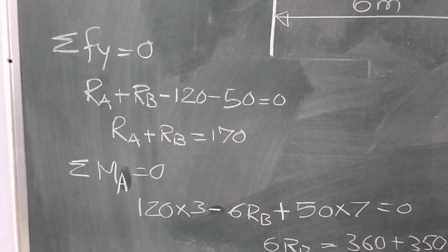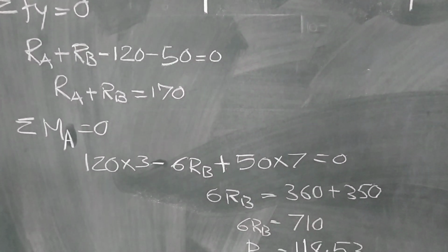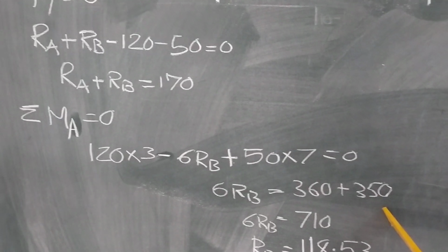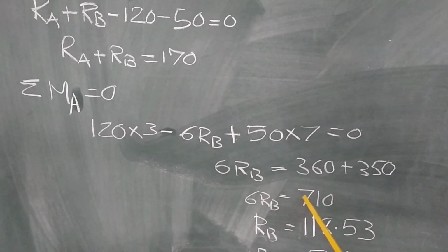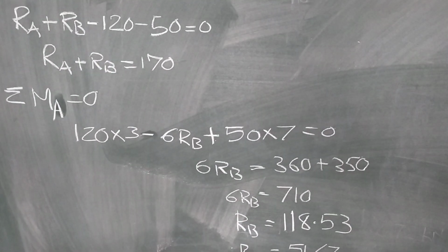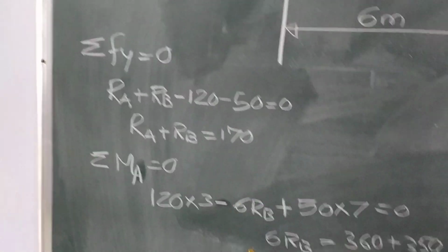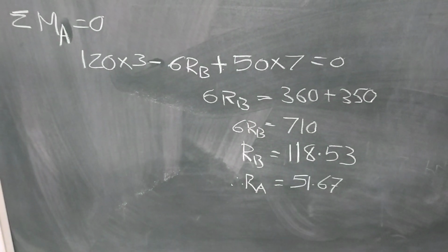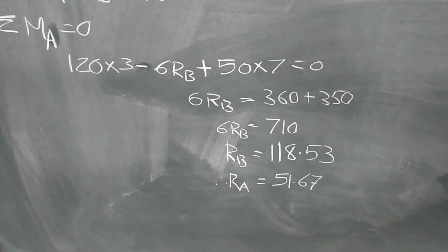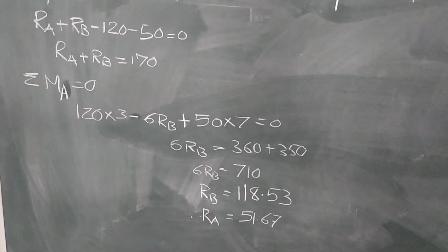So this is our equation for moment. Therefore 6 Rb is equal to 360 plus 350, that is 6 Rb is equal to 710, or Rb is equal to 118.53. Again using the relation Ra plus Rb is equal to 170, we have Ra equal to 51.67.